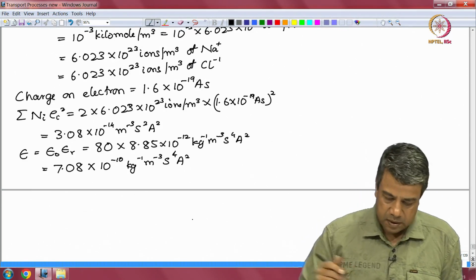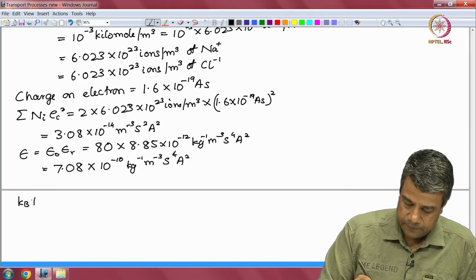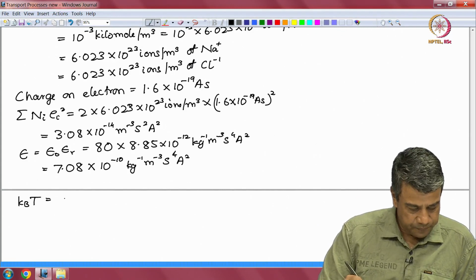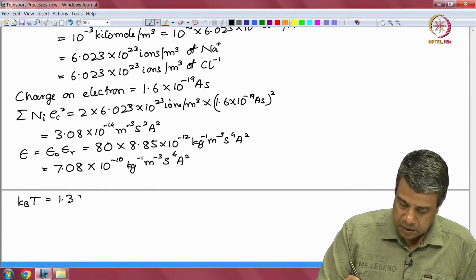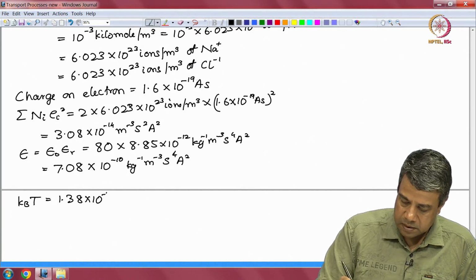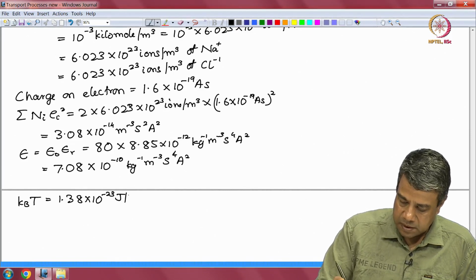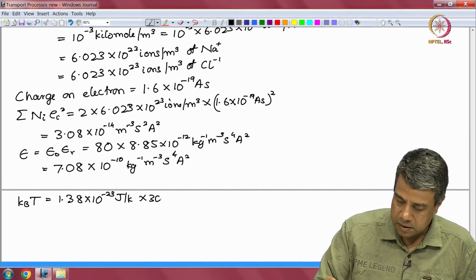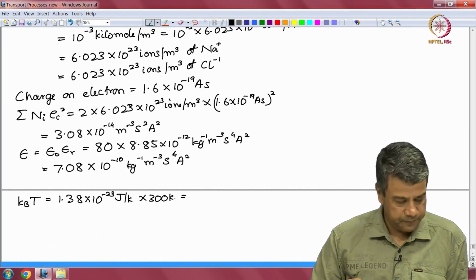And k_B T is equal to 1.38 into 10 power minus 23 joules per Kelvin into 300 Kelvin.